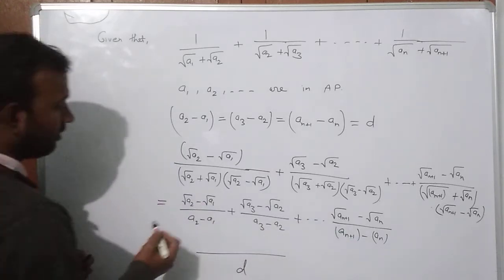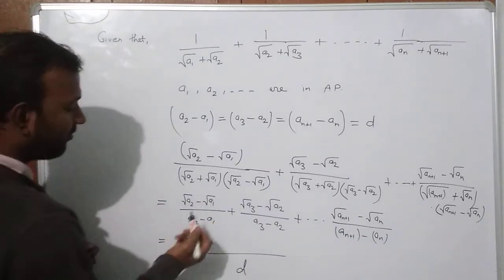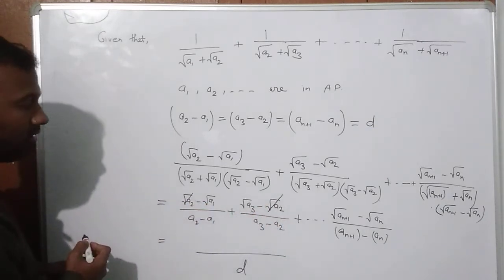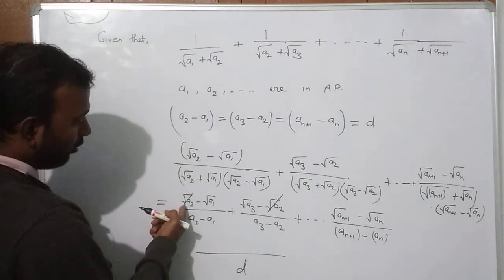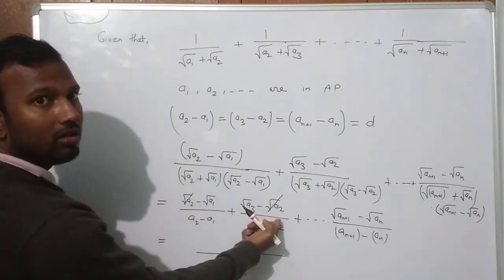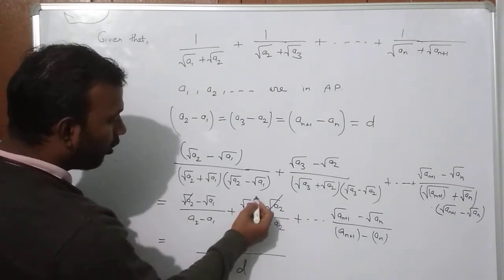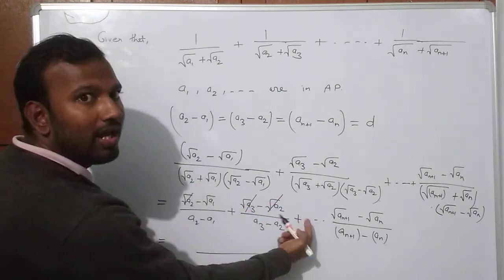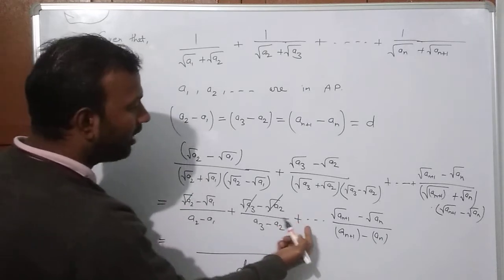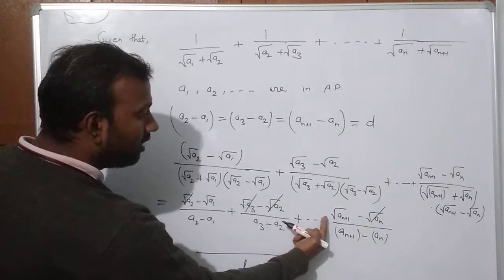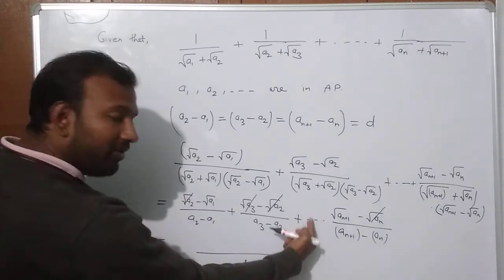And in the numerator, if we add it, observe that a2 is being cancelled with the last term of the next term. So a3 will also be cancelled out with the last term of the next term. Similarly, its last term also will be cancelled out with the first term of the previous one.